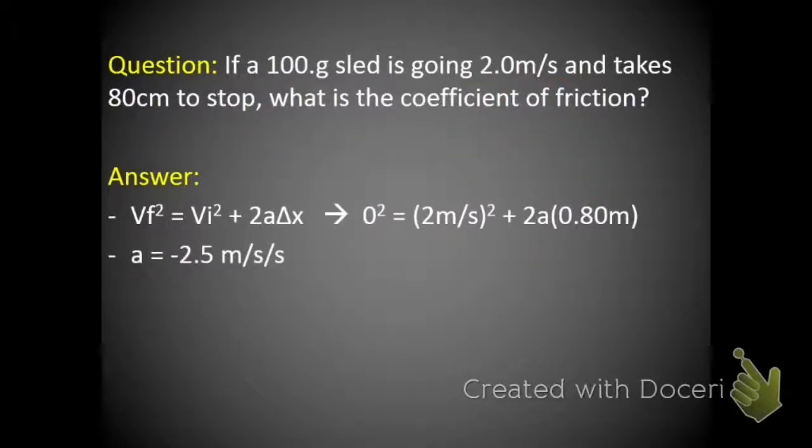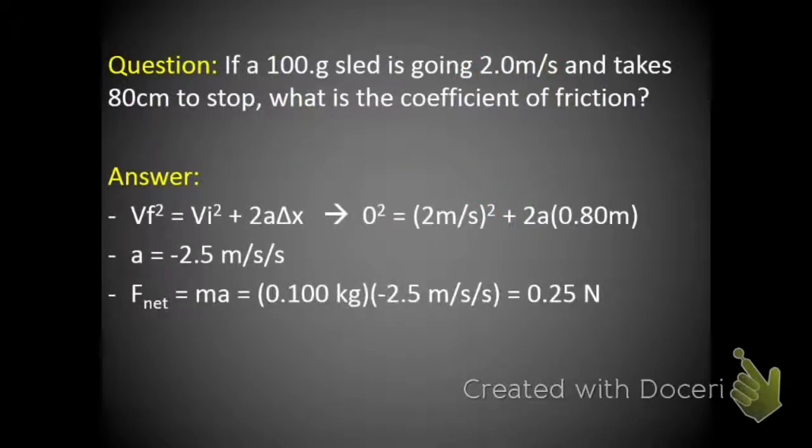Knowing the acceleration and the fact that the sled, right, the only thing stopping it is friction. It's got a normal force, it's got a gravitational force, but there's no other force. So therefore, the frictional force is the net force. The net force is mass times acceleration.